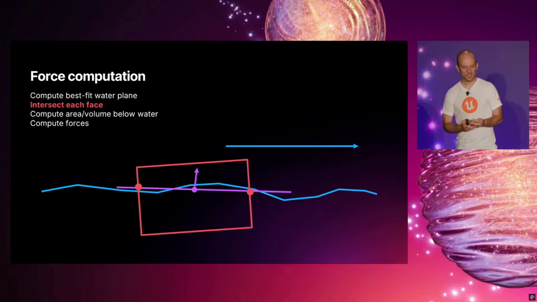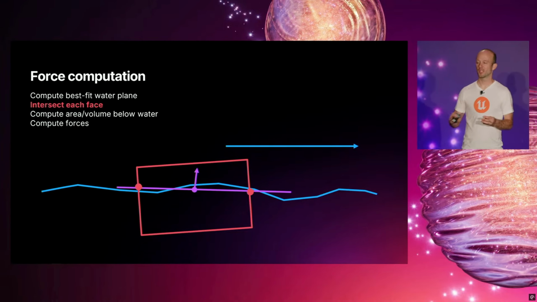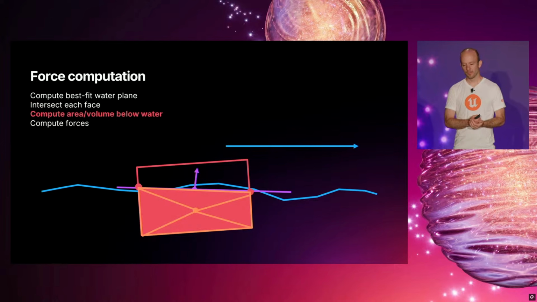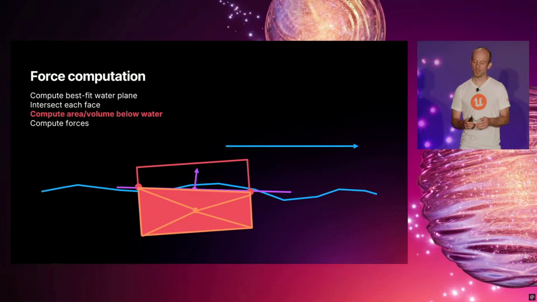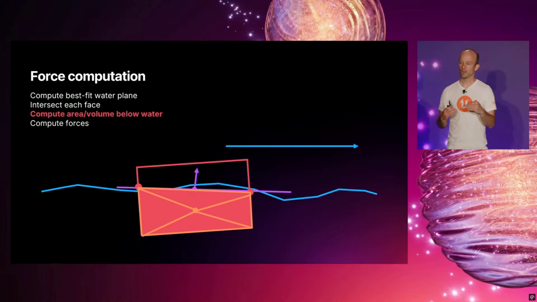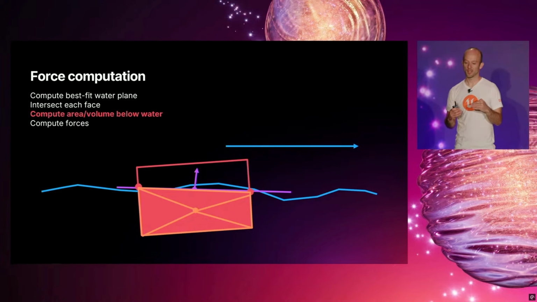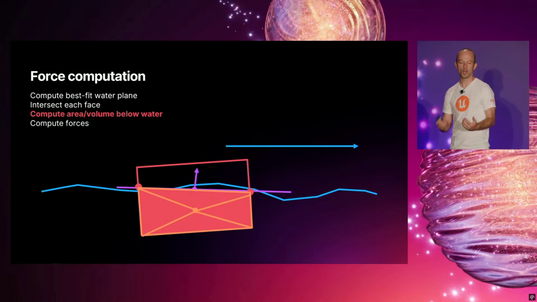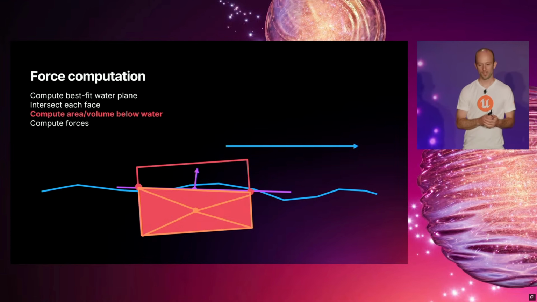And it's really the same integration code regardless of box or convex hull. And the next thing we do is we compute the volume and area of each face below that water plane of the object. And this is really important because when you do buoyancy forces, you need to know how much of that object is submerged under the water to be able to push it up out of the water.